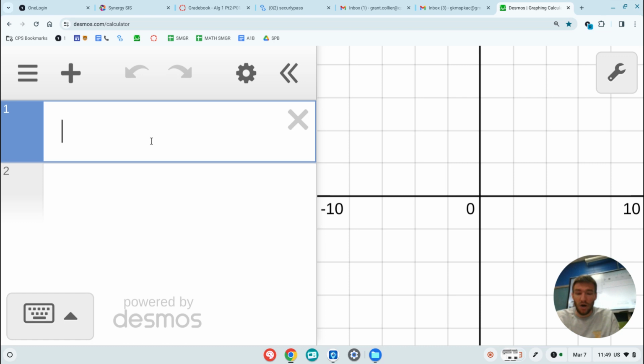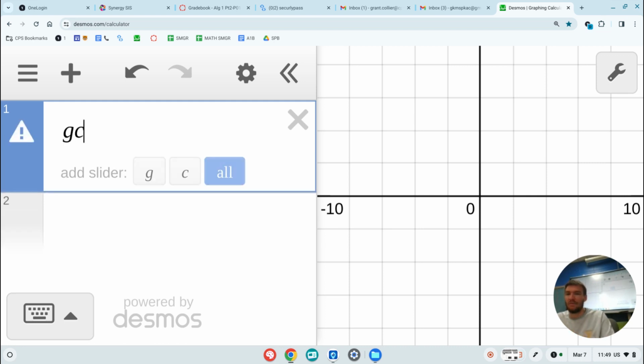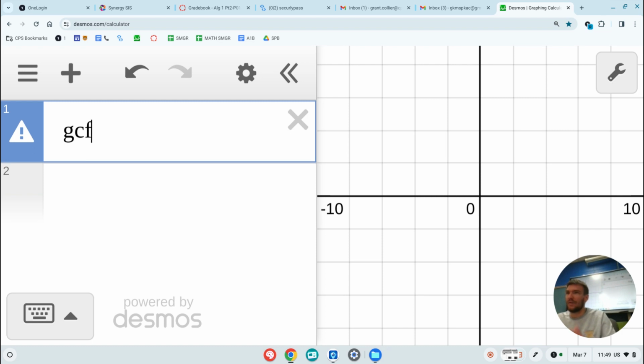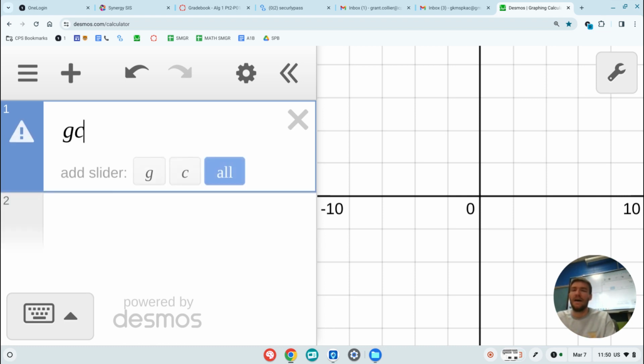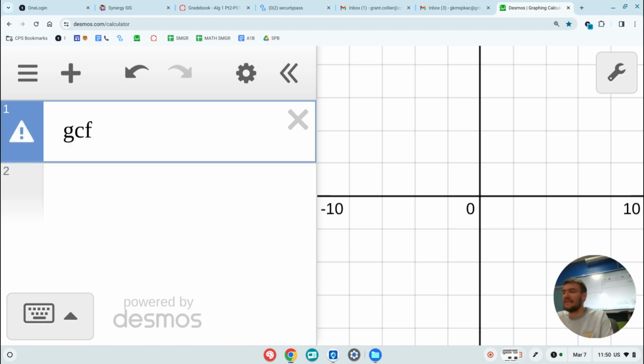Okay. Here's what we're gonna do. On Desmos, you're gonna type GCF. Now notice when we start with G, it's a diagonal G and it's a little funky, and then we type C, it's still diagonal, it's still funky, but then when we type F, they straighten up, okay? That's because Desmos has gone from, I don't have any clue what you're typing, to all of a sudden, oh, okay, you're talking about GCF.